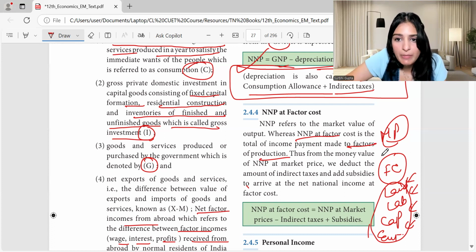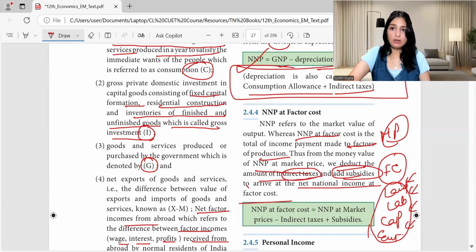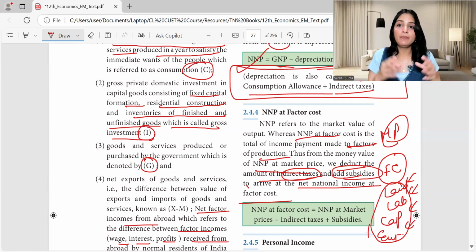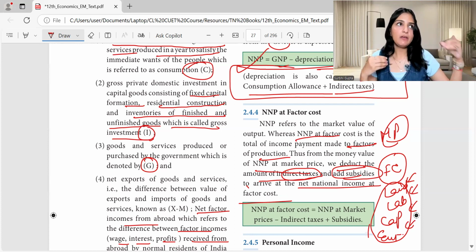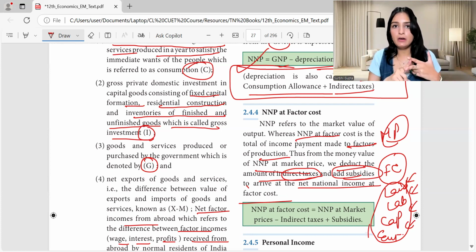Thus, from the money value of NNP at market price, we deduct the amount of indirect taxes and add subsidies to arrive at net national income at factor cost, because when there is a factor cost, it is the income paid to the factors of production. Maybe we are producing a t-shirt, so we'll pay wages, we'll pay rent, we'll pay profits, and we'll pay interest.